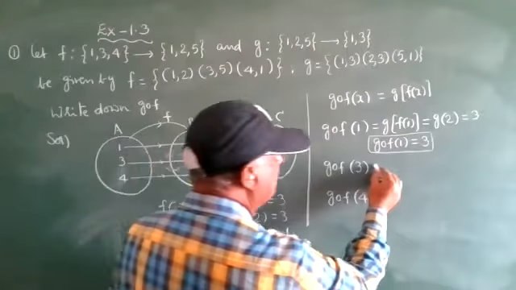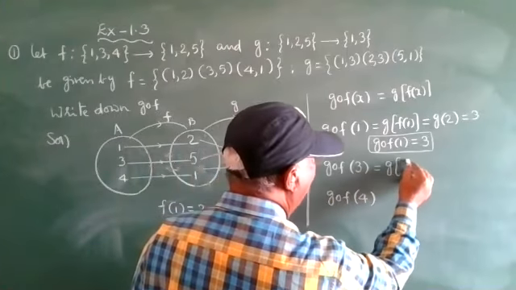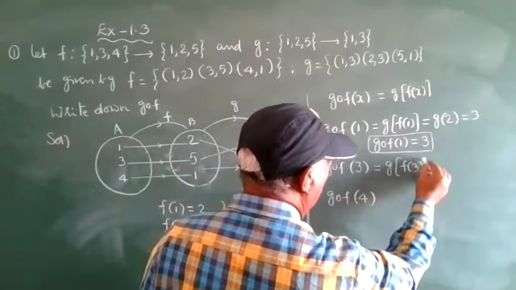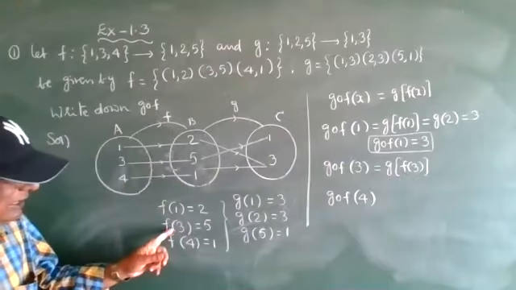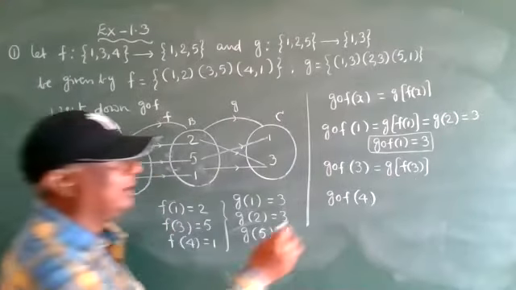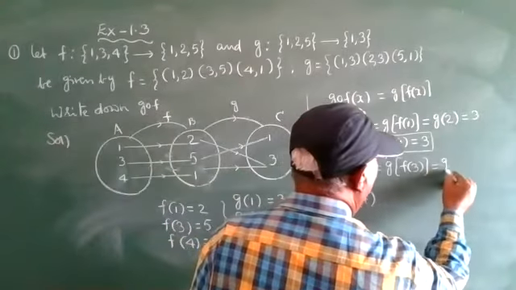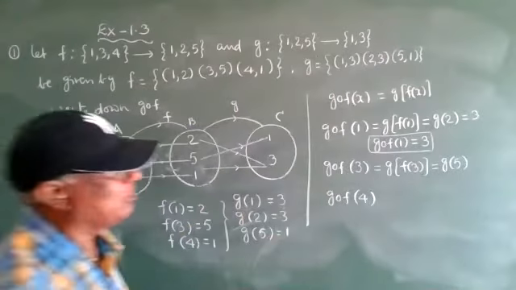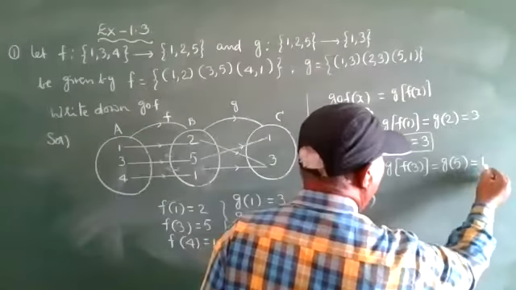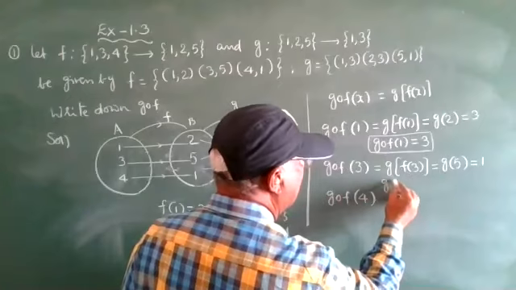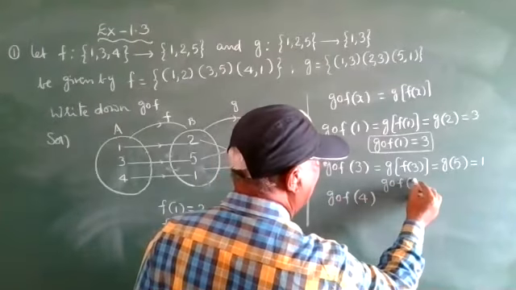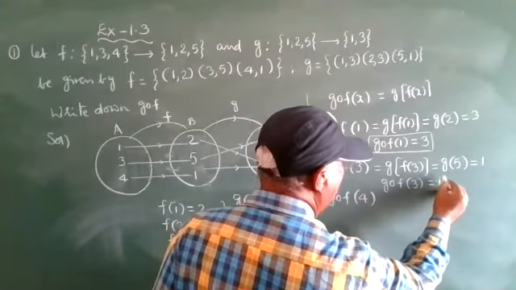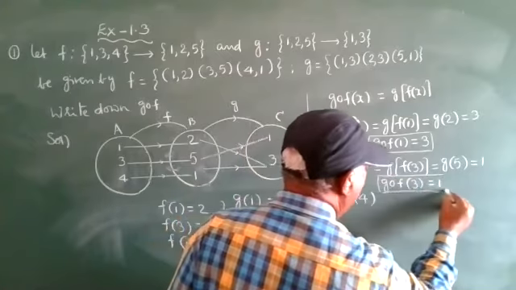Next, G of F of 3. See on the board, F of 3 value is 5. G of 5 value is 1. Therefore, G circle F at 3 the image is 1. Right.